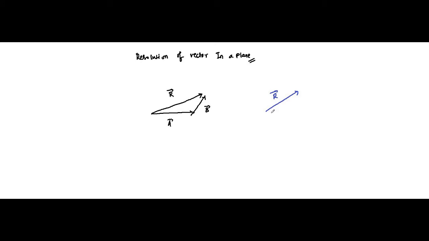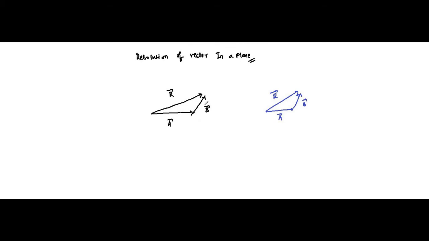So we can split or divide this single vector into two or more vectors, so that when we join the head and tail of those multiple vectors, we get this resultant vector as the equivalent result. So like this, the same thing, we have just reversed the process.